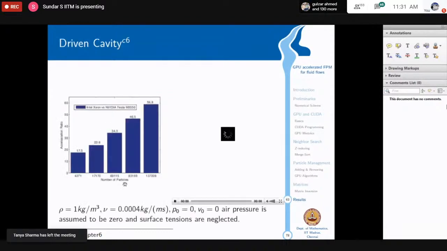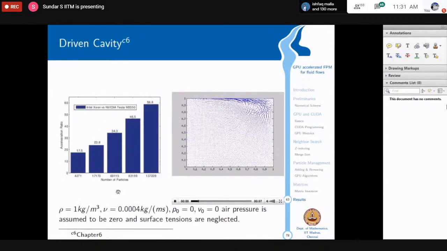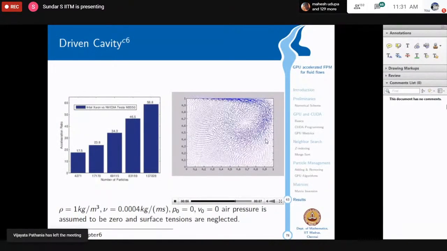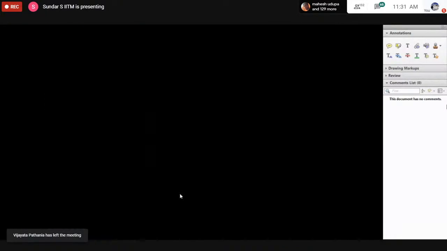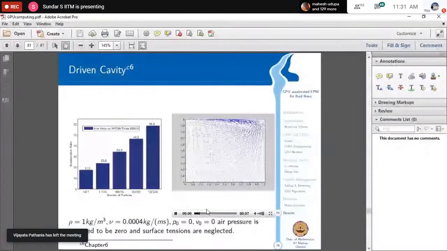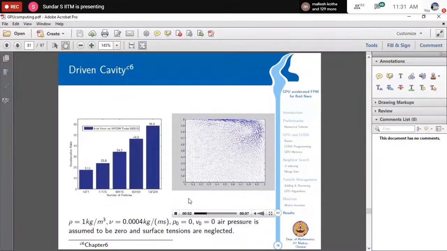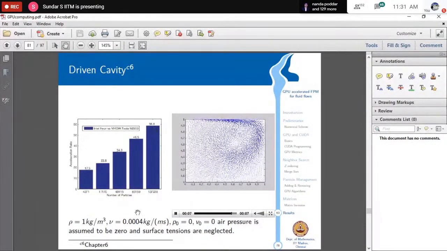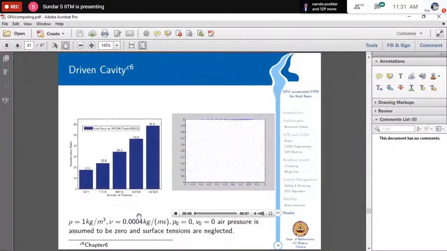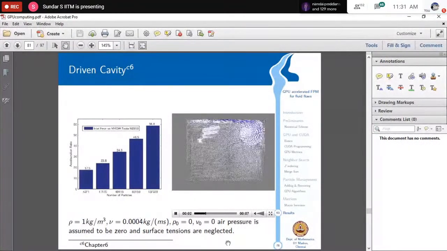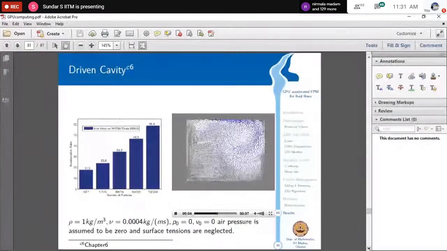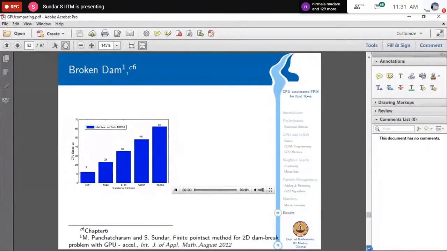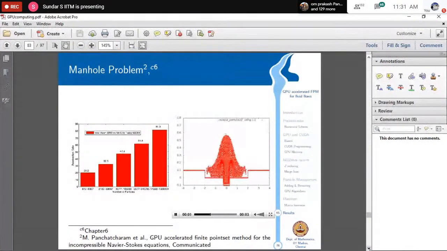So now using the driven cavity, you see the speed up 58 point this one. I go to the next slide. This is the Manhole problem.